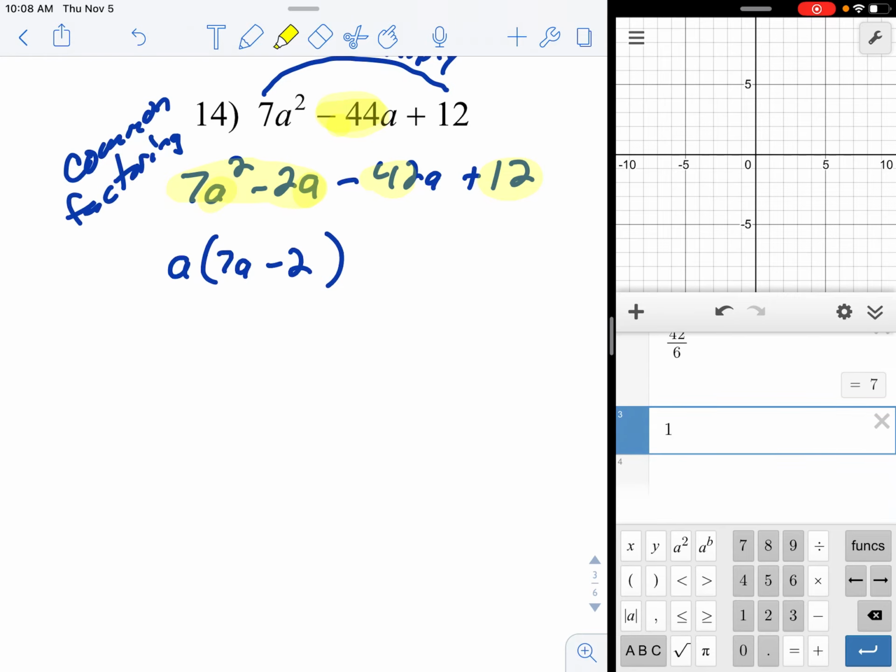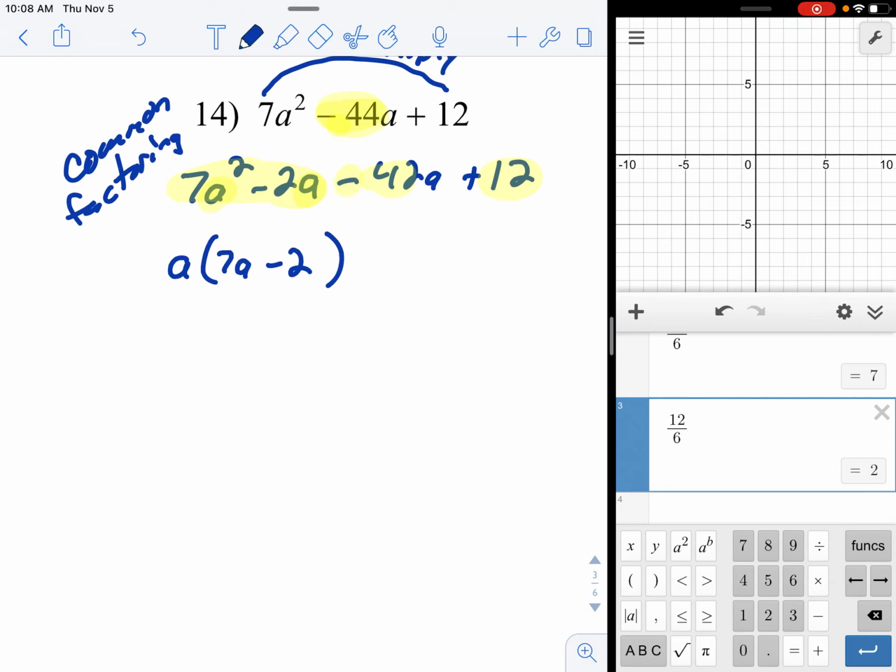Oh, I'm dumb. You know 12 divided by 6 is 2. Of course. So I can divide out a 6. And because there's a negative here, I'm going to divide out a negative 6. That's going to leave me with 7a, right? Negative 6 times 7. And a negative 2. Negative 6 times negative 2 is positive 12.